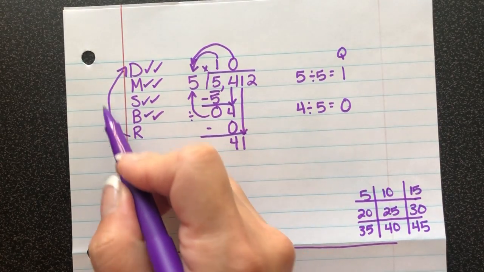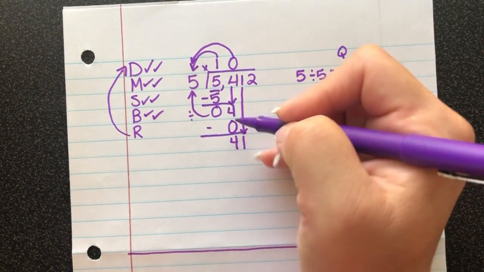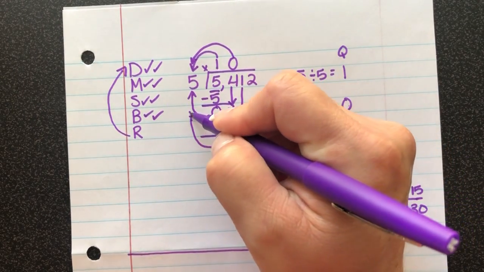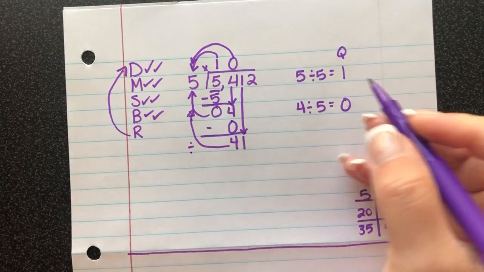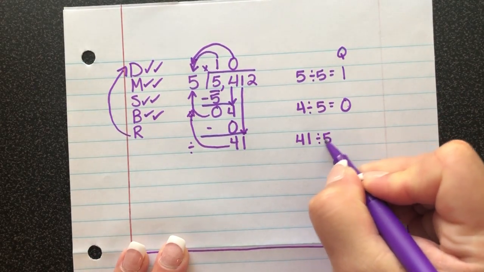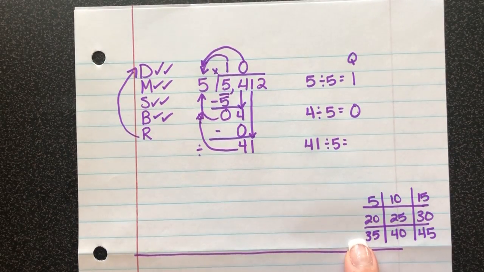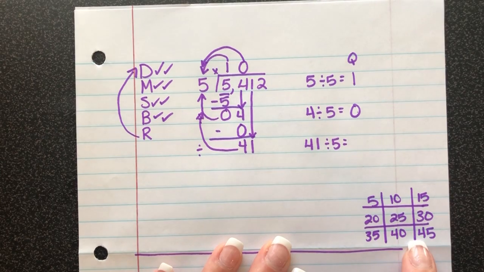Now I'm going to repeat and start with division again. Okay, now remember, I'm dividing from down here. Okay, so I'm dividing 41 divided by 5. Okay, now if I look at my hashtags, I don't have the number 41 because 41 is not a multiple of 5.